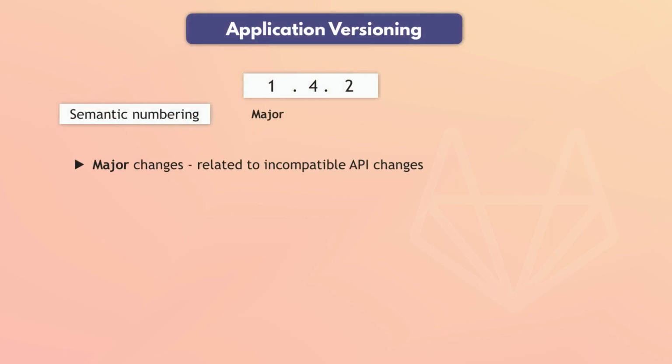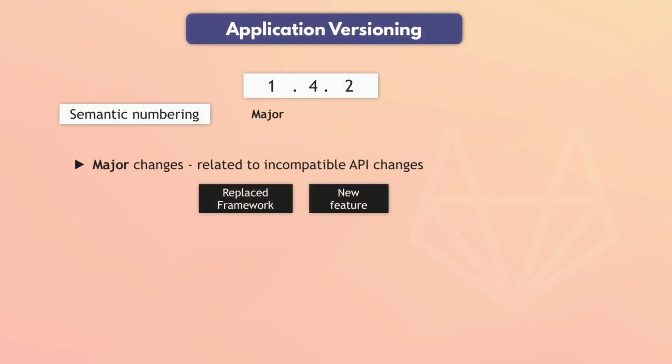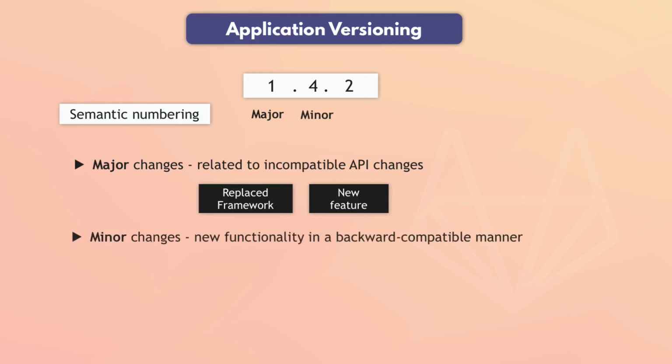This could be like a big code refactoring in our application, or changing or replacing a programming framework, for example. Then we have a second number in our version for minor changes. So that's the minor version. And this could be if we add a new feature or if we did a little bit bigger bug fix and so on.